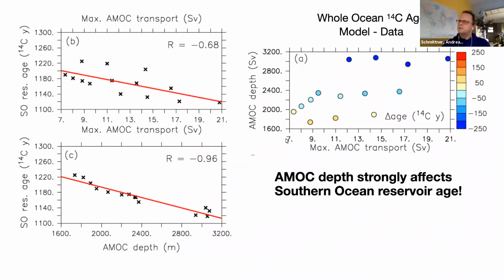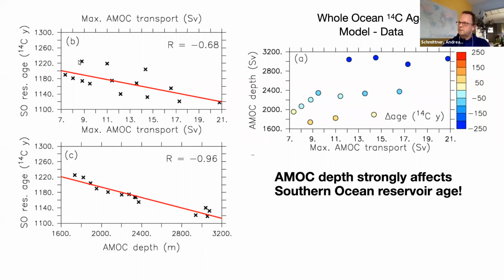And Juan has tried to find out why that could be the case, and one reason seems to be the reservoir ages in the Southern Ocean, which he's plotted here on these left-hand side panels. So that's radiocarbon reservoir ages in the Southern Ocean, which determine preformed values for much of the deep ocean. In the lower plot, it shows those reservoir ages as a function of AMOC depth, and the upper plot shows them as a function of AMOC strength.